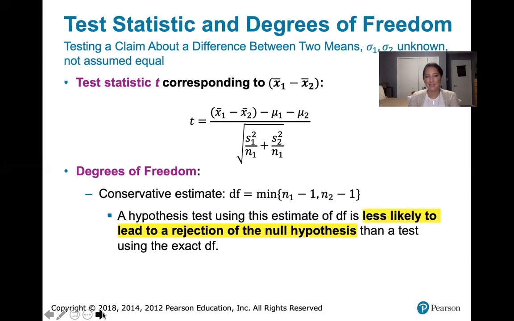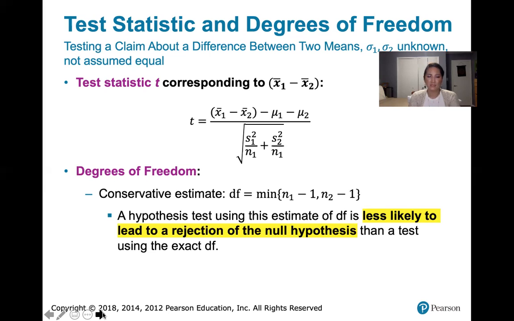Now, we say that this is a conservative estimate because when we do a hypothesis test using this conservative estimate of the number of degrees of freedom, the hypothesis test will be less likely to lead to a rejection of the null hypothesis than a test using the exact number of degrees of freedom.